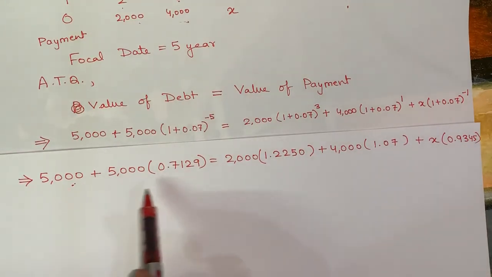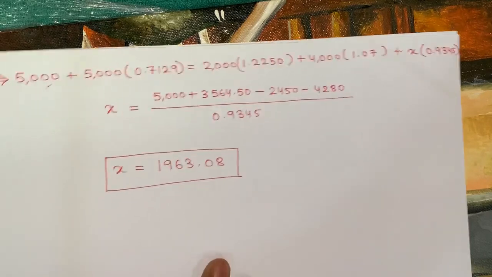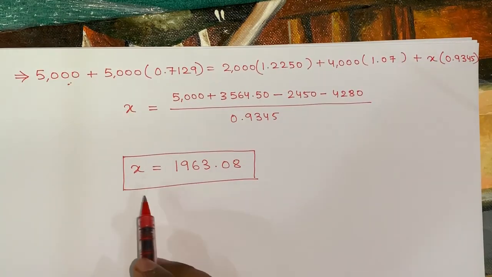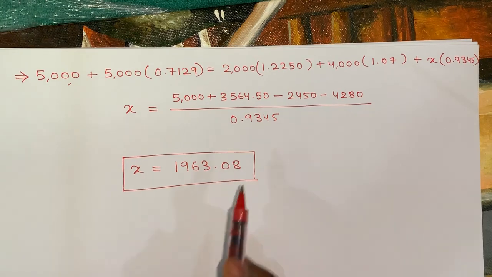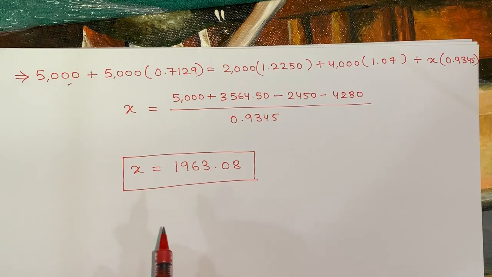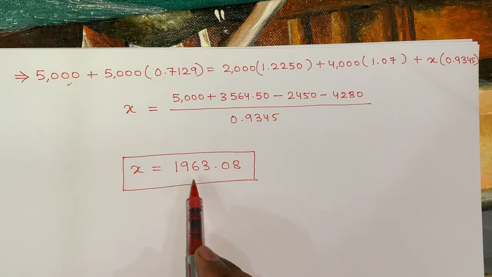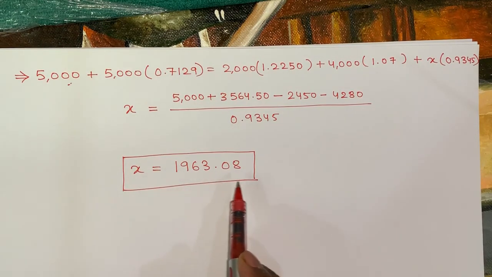Now we solve this and find the value for x. So after solving this, we get the value x equals to 1963.08, which means that the final payment which is to be made after 6 years is rupees 1963.08.